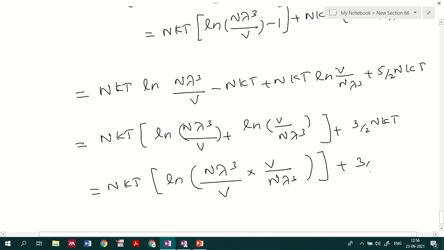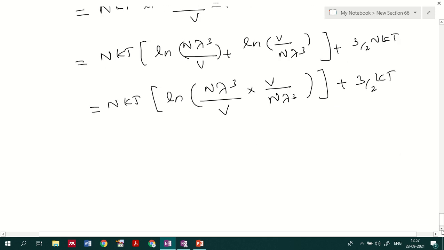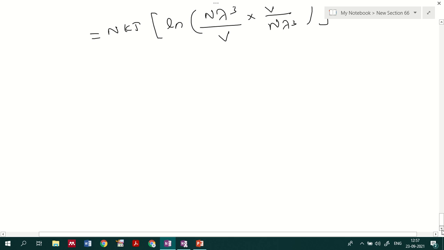plus 3 by 2 nkT. And here v and v get cancelled and lambda also gets cancelled, so we'll have ln 1 as the corresponding representation. Logarithm of 1 is equal to 0, right? Then what remains is that U will be equal to 3 by 2 nkT.